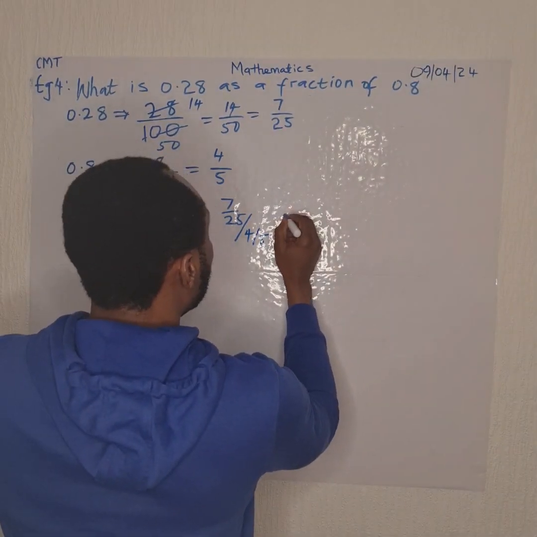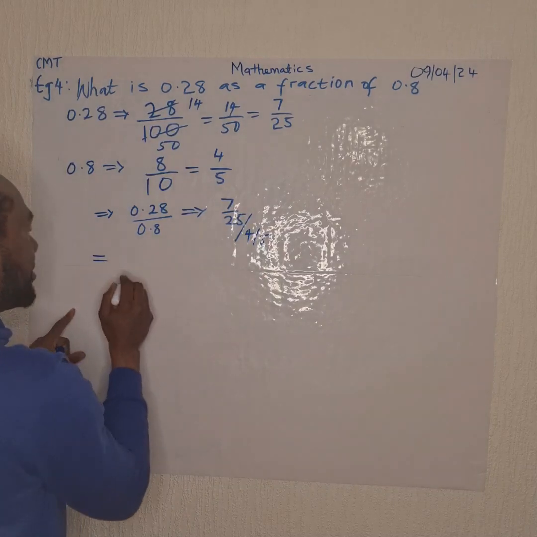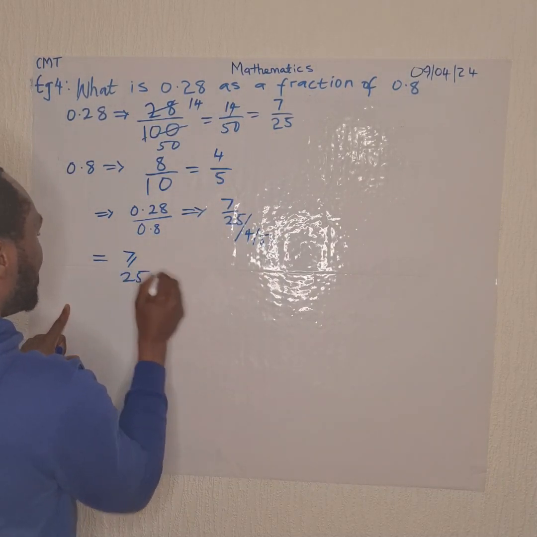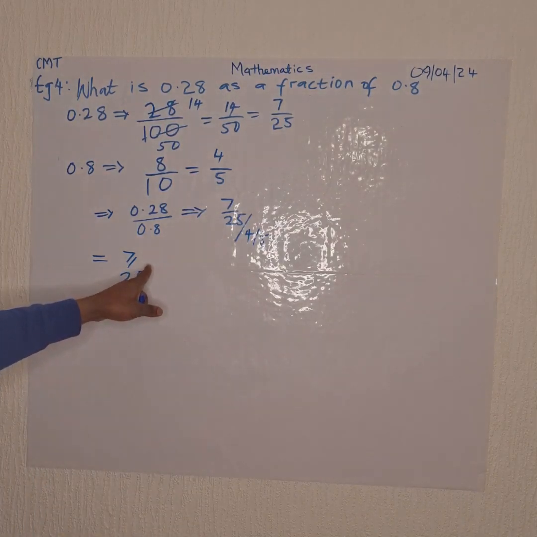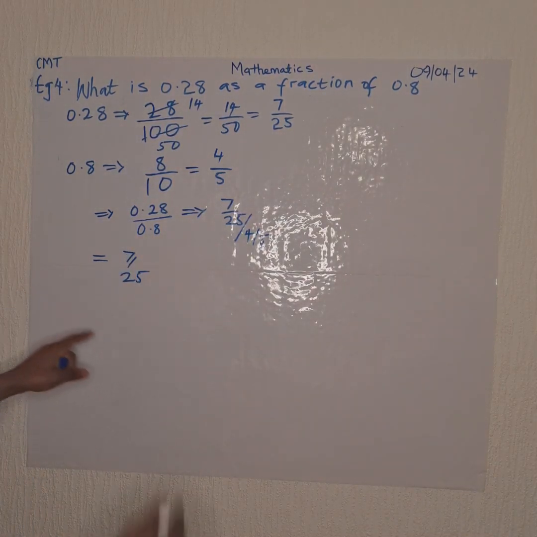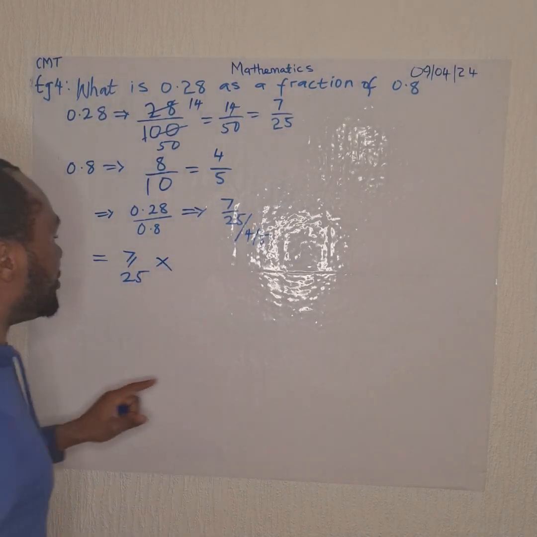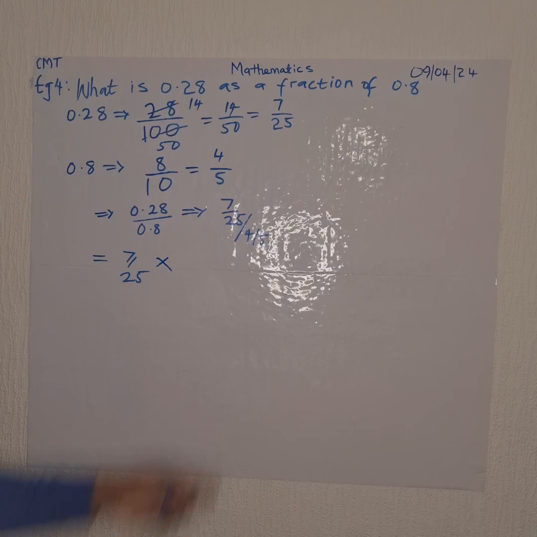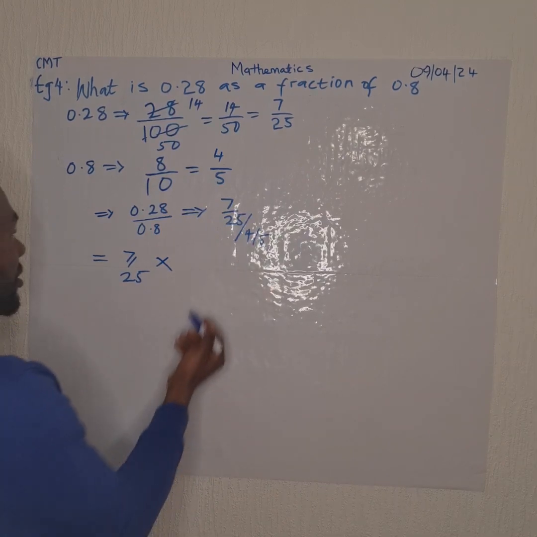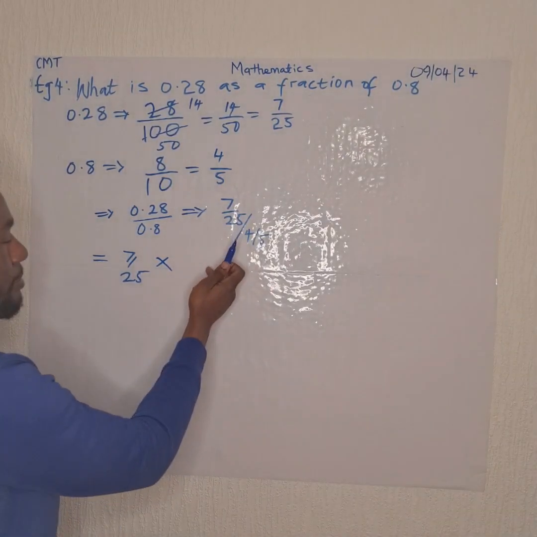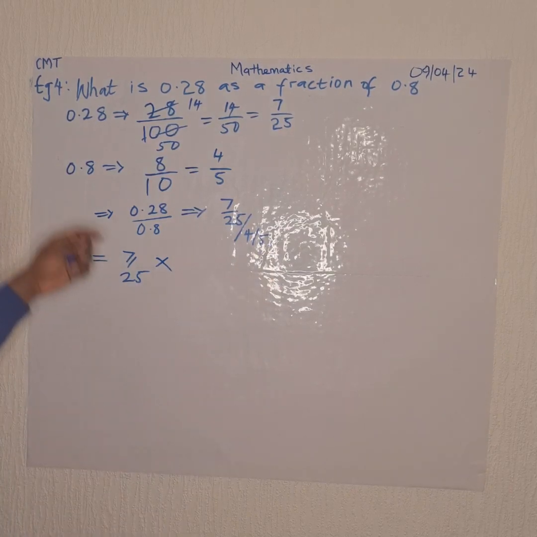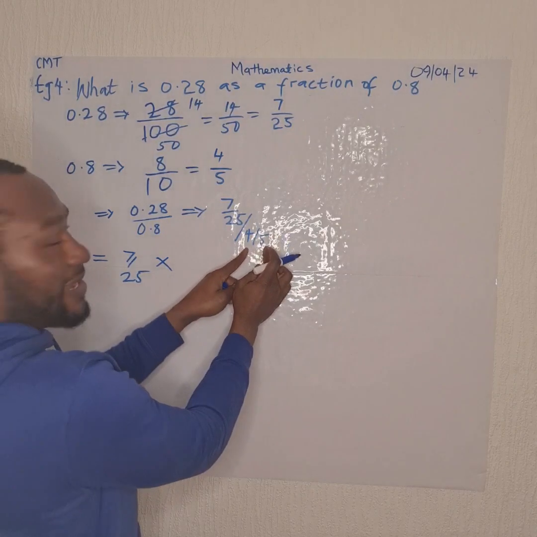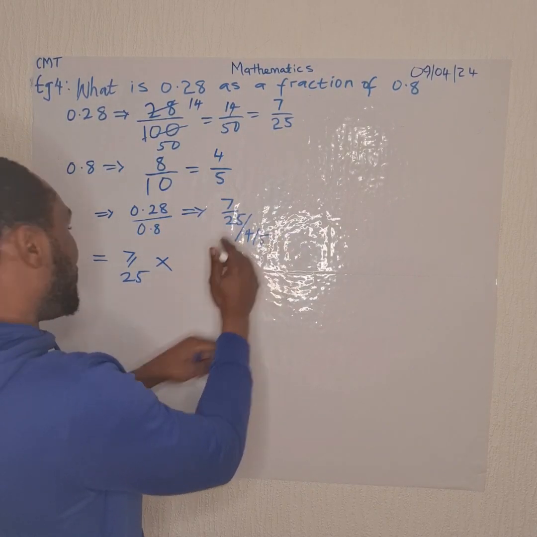Thankfully, we all know that when we do division of fractions, all we have to do is to multiply and then invert the denominator. So instead of saying 7 over 25 divided by 4 over 5, we are going to be writing 7 over 25 multiplied by, we invert this denominator, it becomes 5 over 4.